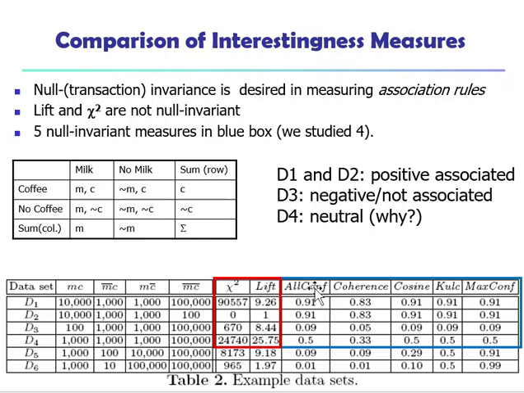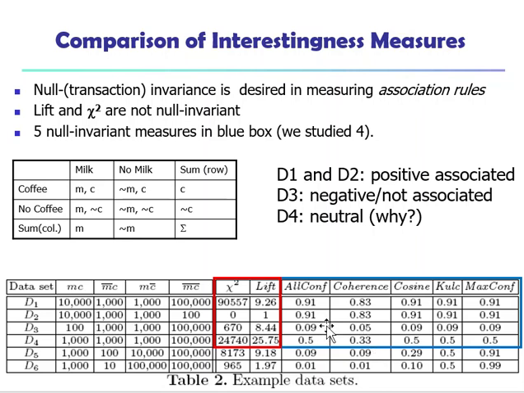In contrast, all those 5 non-transaction invariant measures give us correct scores, I mean, scores that reflect our understanding of the characteristics of the data set. So all confidence has high positive correlation for the first two, very low association score for D3, which indicates negative correlation, and neutral for D4.